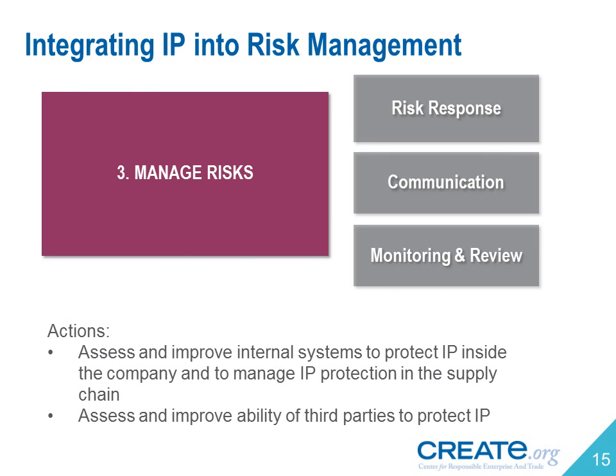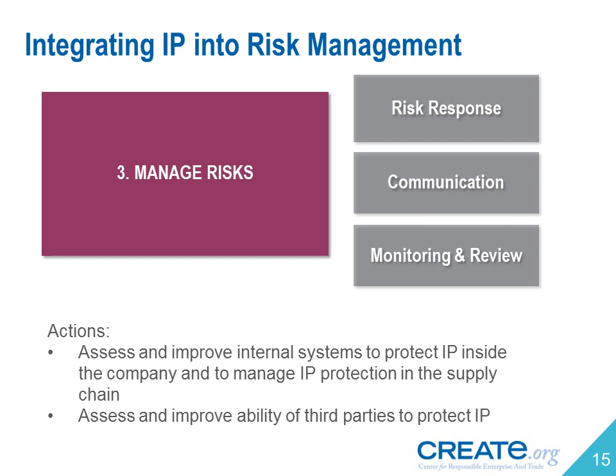And then, what it all boils down to is how do you manage them? So identifying the risk is obviously an important step, but then ultimately, how do you manage it? And in the case of IP protection, you need to be thinking about the risk response and the type of monitoring and review that would take place. So here the specific actions for you to think about would be to start to assess and improve your internal systems to protect IP, but not only inside your company and in your other offices, you also have to have systems to protect IP in your supply chain.